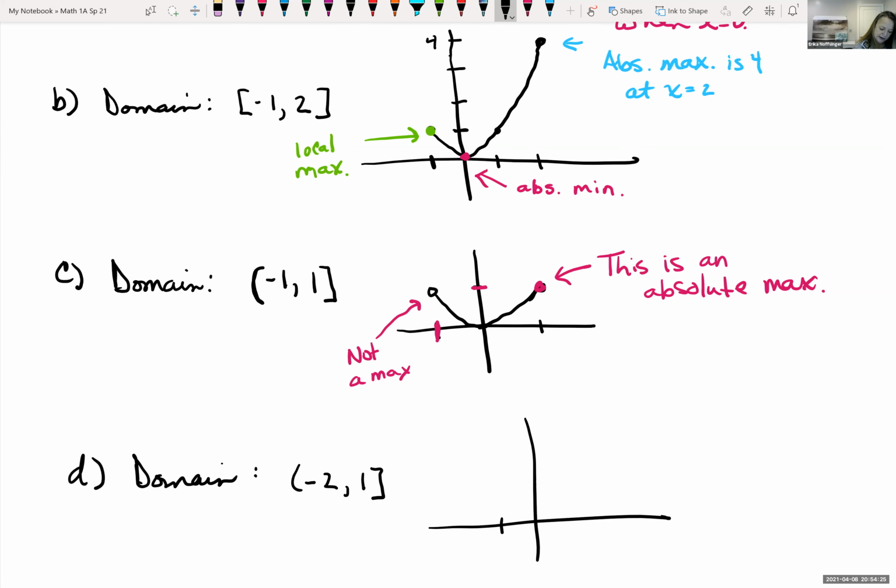If I did that, at -2 we got 4, right? But that's an open circle. Here at 1, we had 1. So here's a case where there's no absolute max.